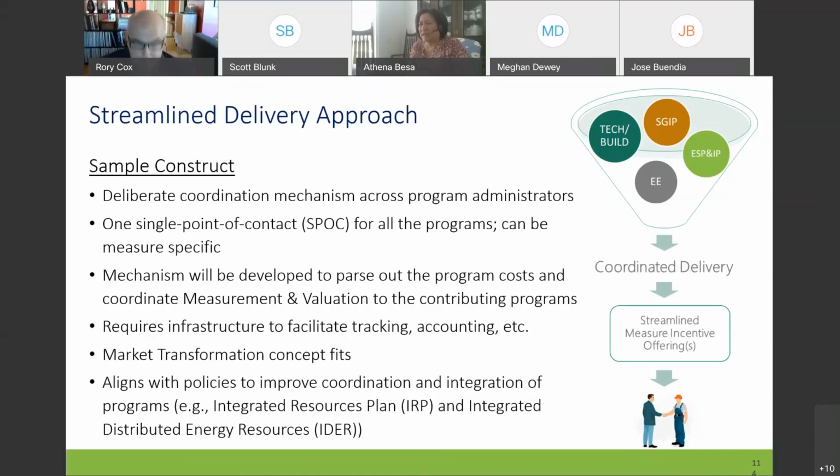So you couple that with market transformation. In the energy efficiency space, there's a call for a market transformation administrator who will come on board to coordinate a lot of these efforts. And so maybe that's an opportunity to look at how we do a singular approach to getting all of these different programs aligned. We talked about the benefits.